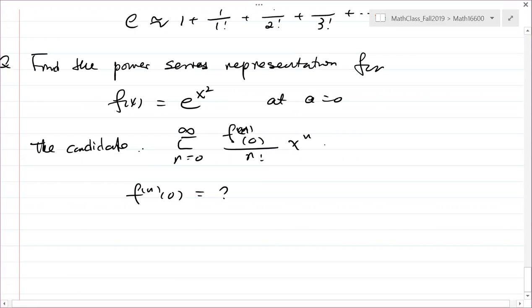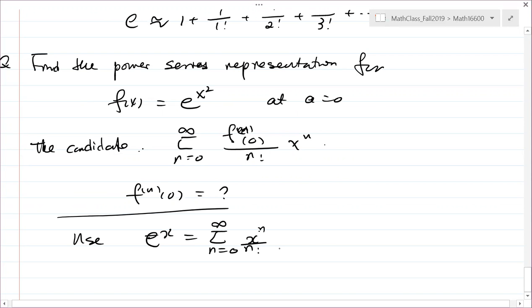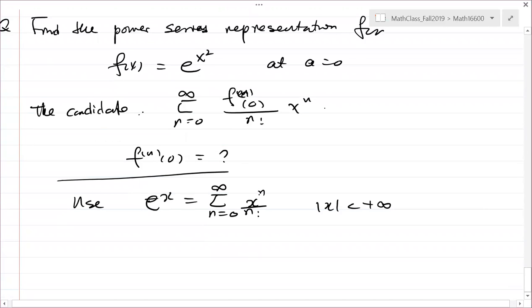Same idea as Taylor used. I'm going to just use Taylor's result and modify it. So we cannot find this, right? So what I'm going to do is use this formula. We get f of x equals e to the x squared.